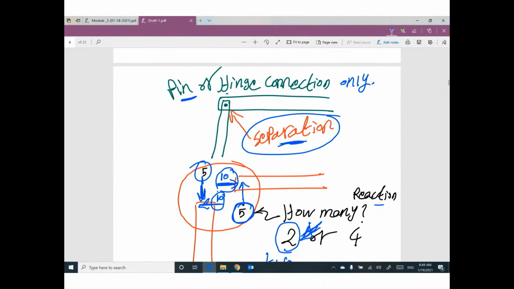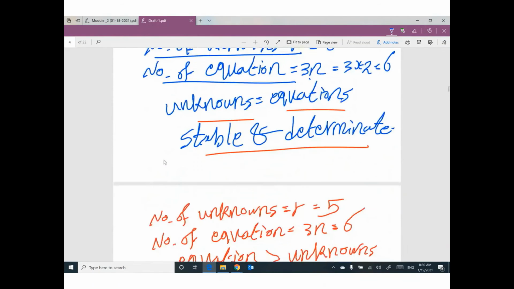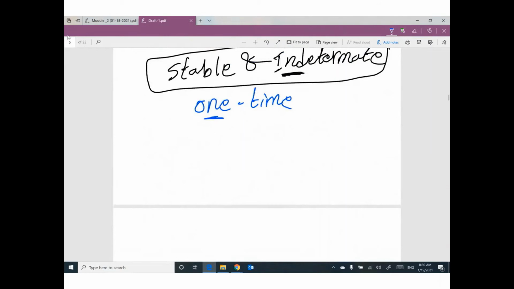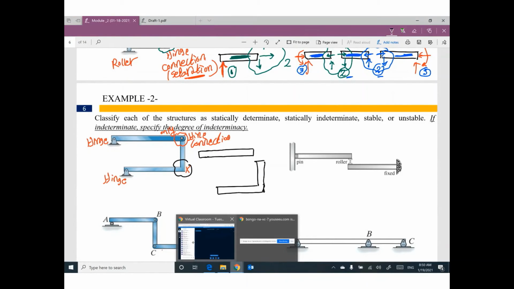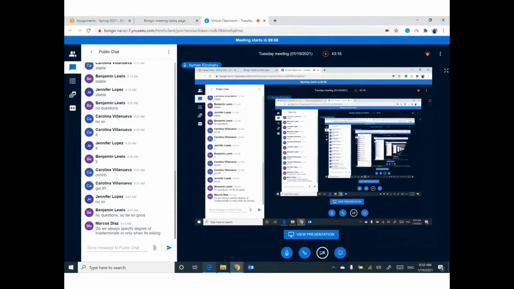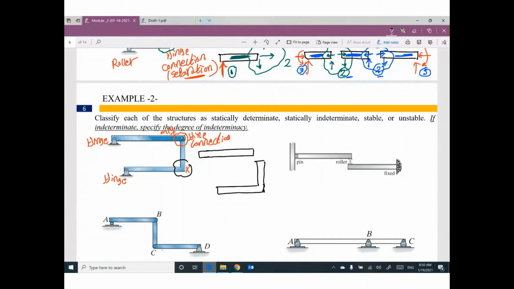If you don't have this connection, please don't do separation. That makes sense? So we don't have this connection here. So I didn't do separation. Looks good. Okay. So this hinge support, we have two reactions.